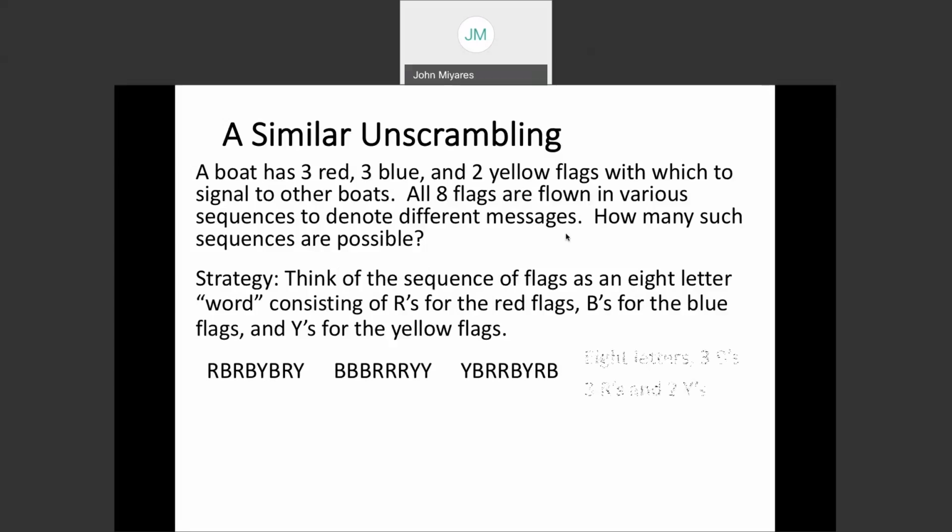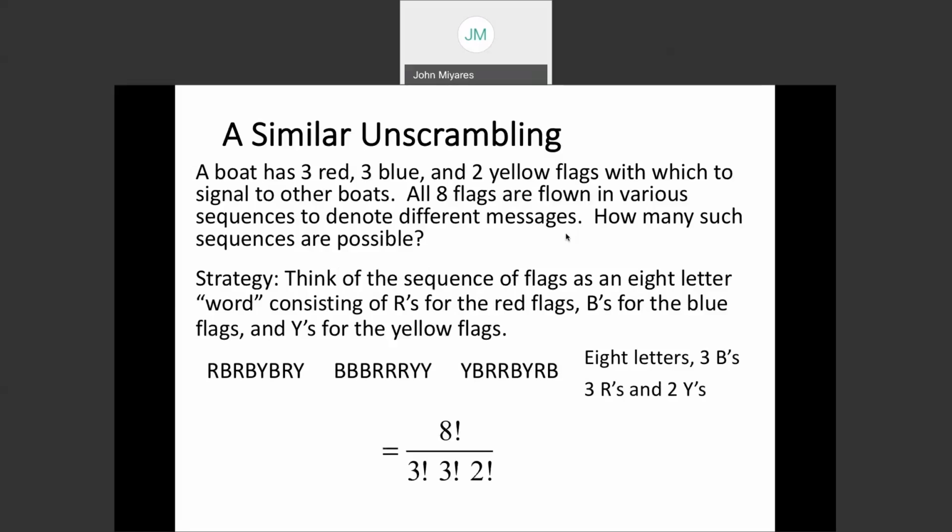When we look at it like this, it has become a word with 8 letters in it that has 3 B's, 3 R's, and 2 Y's. It doesn't really matter that that word is not something pronounceable in the English language, but I can still treat it like the way we were unscrambling the letters of the word Mississippi.